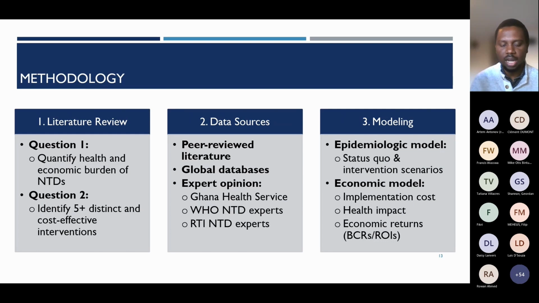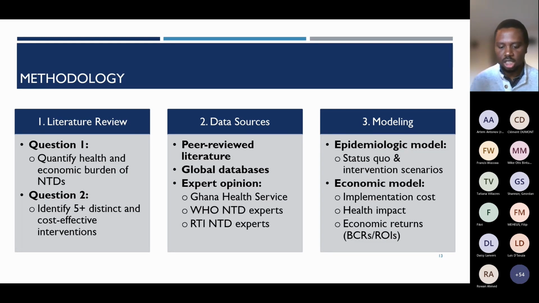The next step is to look at different data sources. So peer-reviewed literature from our scoping literature review, global databases where there were deficiencies in evidence from the peer-reviewed literature, and also expert opinions from the Ministry of Health, Ghana Health Service, our NTD experts at WHO, and also at RTI.